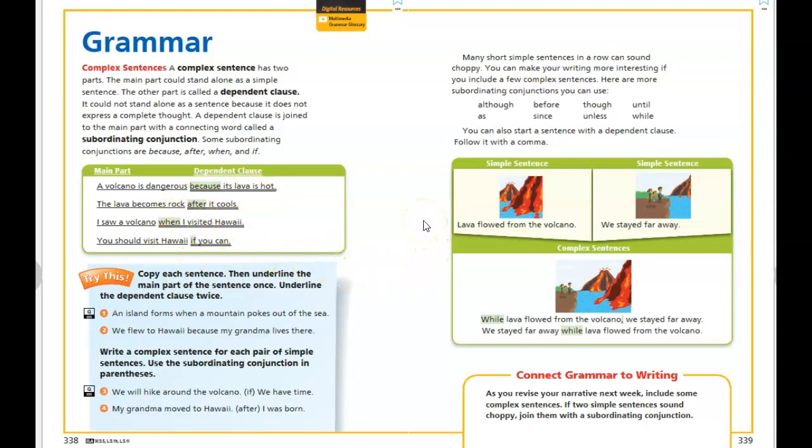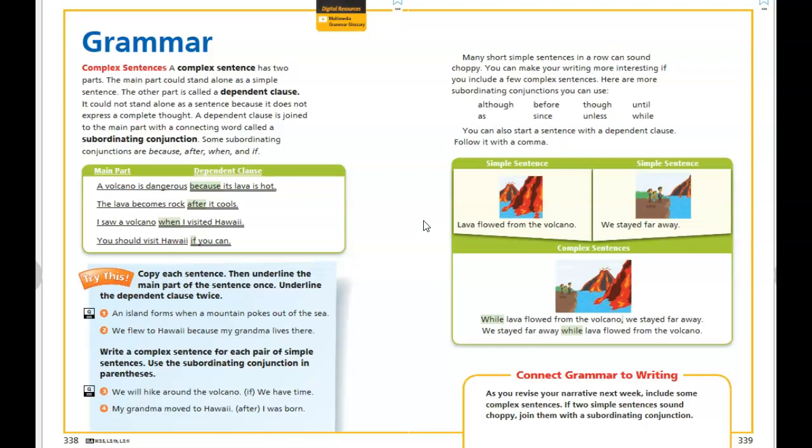Let's look at the second example. The lava becomes rock after it cools. Once again, the main part would make sense on its own. The lava becomes rock. Technically, that is a complete thought. But we can also add to it with our dependent clause, after it cools. So after would be our conjunction. Example 3.